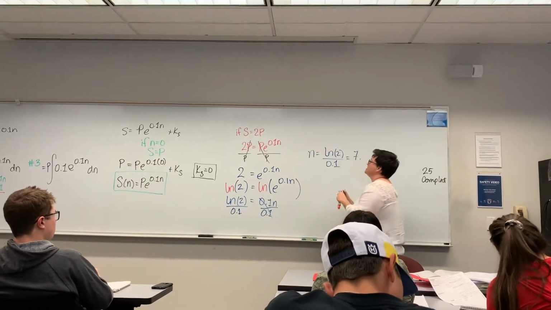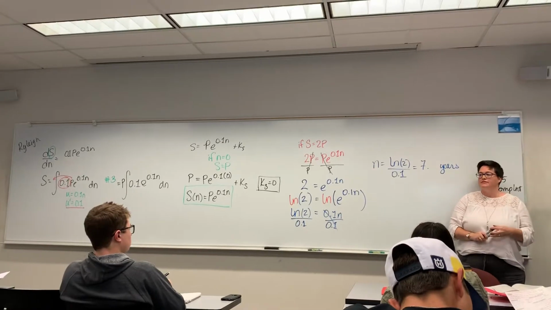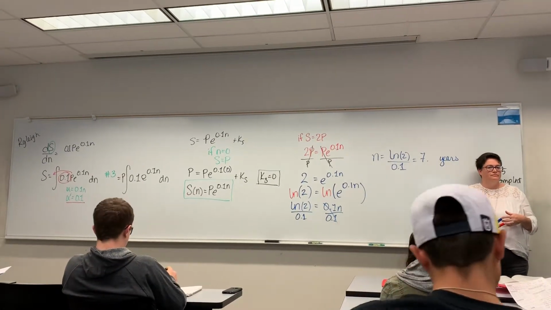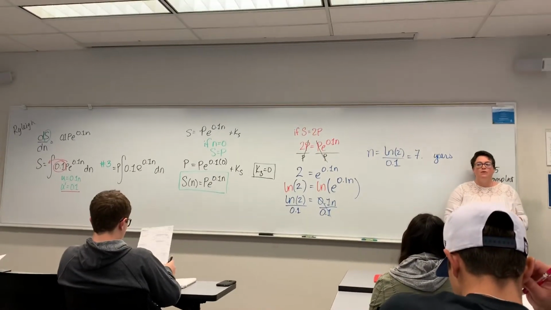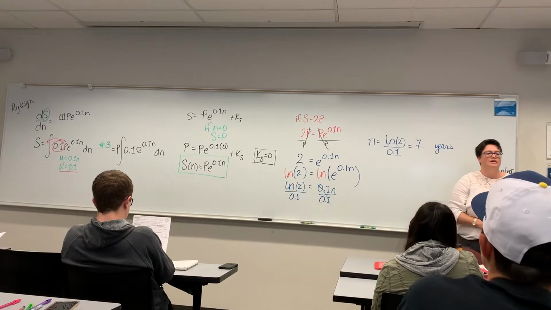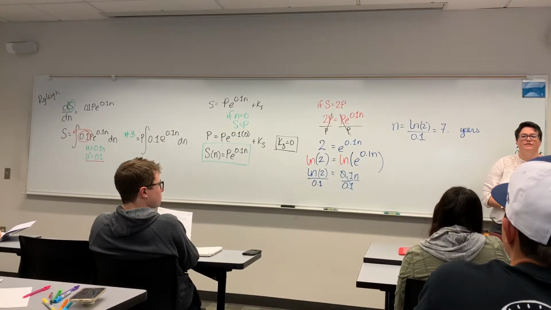So it'll take us about 7 years for this principal to double at 10% interest. How do you guys feel? The tattoo is powerful, but you gotta know where to look for the stuffs. Right, Benjamin? You gotta know where to look for the stuffs.